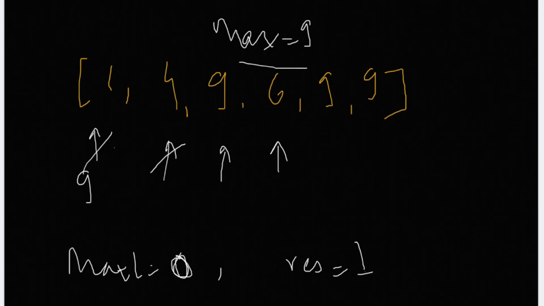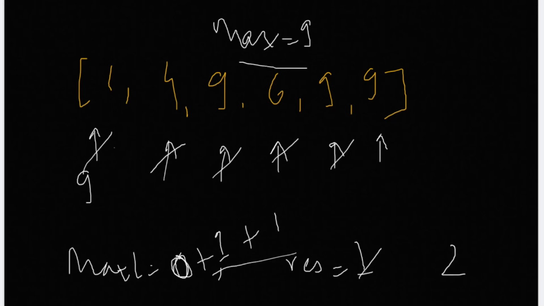Now I'll get to my next element, which is 9, which is equal to my maximum value element. So I'll increment my current length to 1, and then again, when I come across the last element, I'll check if this again is equal to 9, then I'll increment again by 1. So I see that my current length is greater than my resultant, so I'll update my resultant to 2, and I'll return 2. So 2 will be my answer in this one.